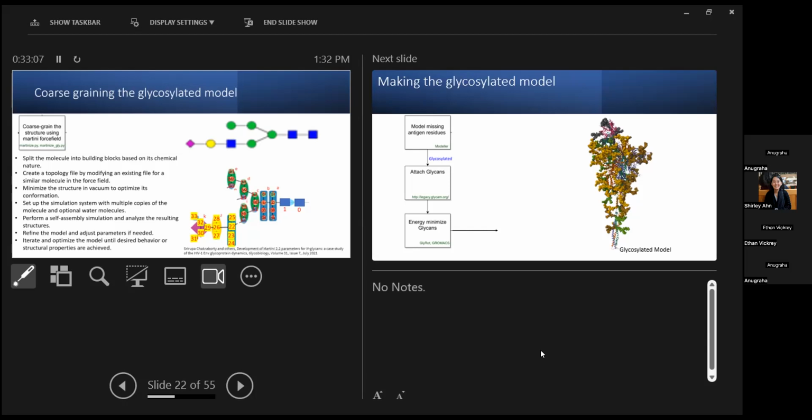Then you can optimize further by your normal MD process: minimize the structure, set up a simulation with multiple copies, and refine the model by adjusting the parameters, calculating the distribution and trying to model it.